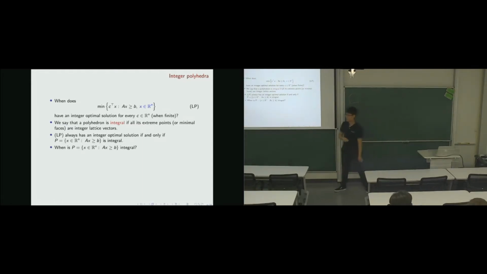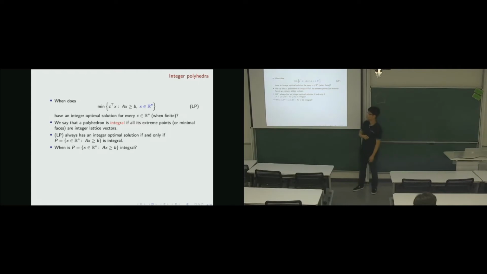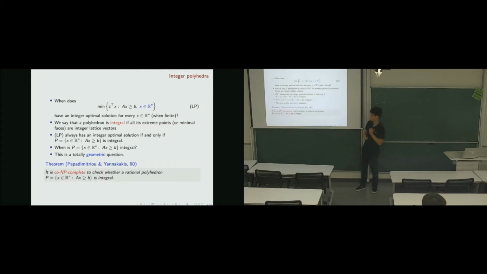So when is it that this polyhedron is integral? That's the question. But as I explained here, this question is a totally geometric question. And as you might expect, it is actually co-NP-complete to test whether a polyhedron is integral.